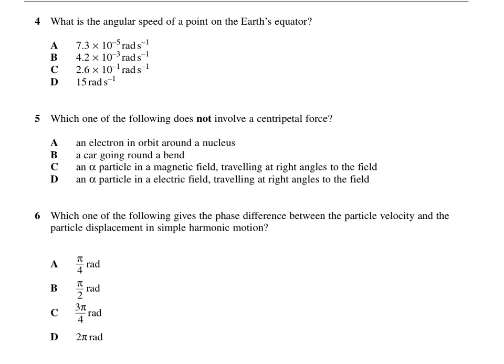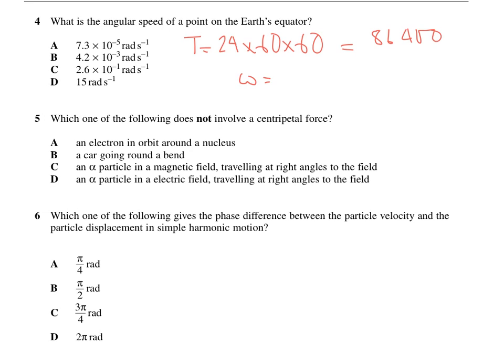Now, the angular speed of a point on Earth's equator. The key here is to remember that the time period of Earth is 24 hours, so it spins once every 24 hours. We're going to convert that into seconds, so let's type that in: 24 times 60 times 60, which is 86,400.